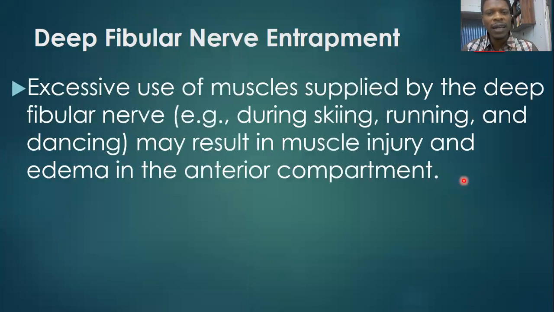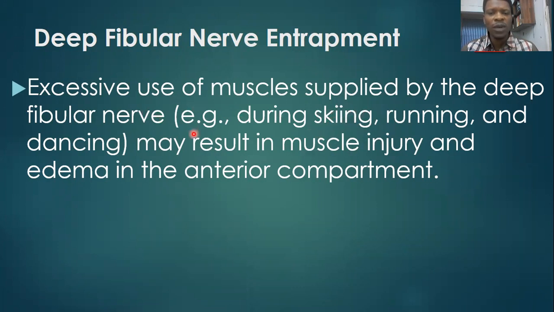So the deep fibular nerve also could be trapped because of its location in the foot. All right, it could be trapped by the extensor retinaculum, right, the inferior extensor retinaculum, and the extensor digitorum brevis.